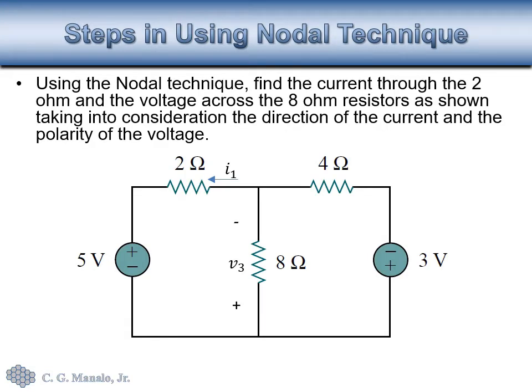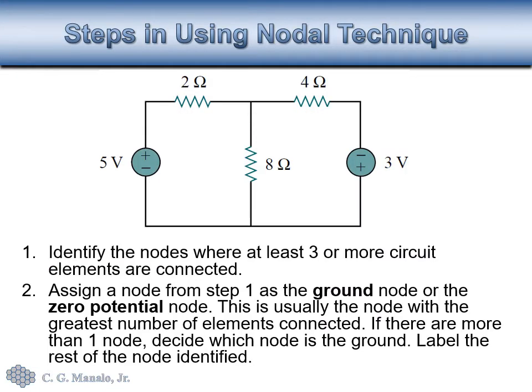So to explain how to use the nodal technique, let's go back to the example that we used to explain mesh analysis. The first step in using nodal technique is to identify the nodes where at least three or more circuit elements are connected to that node.